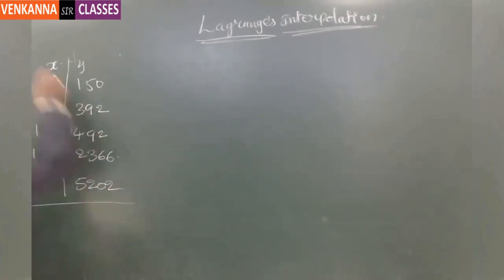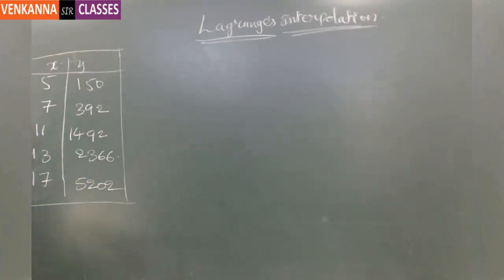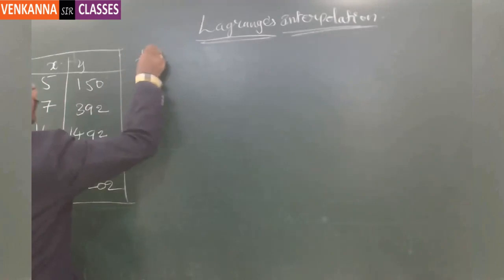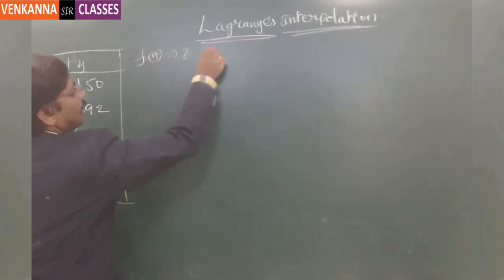So this is the set of data points he has given. For this what you are asked for is to evaluate the value of f of 9. Find f of 9 value with Lagrange's interpolation.